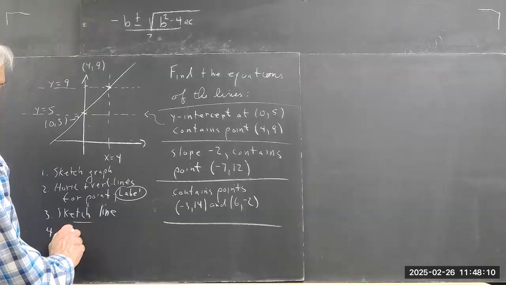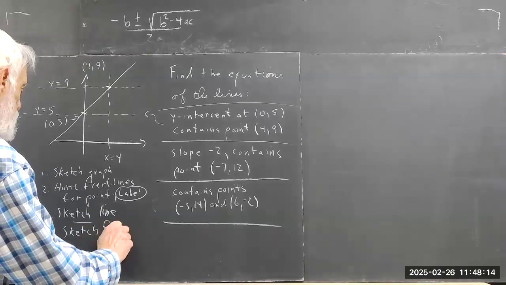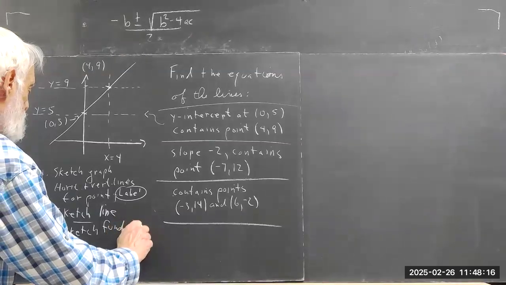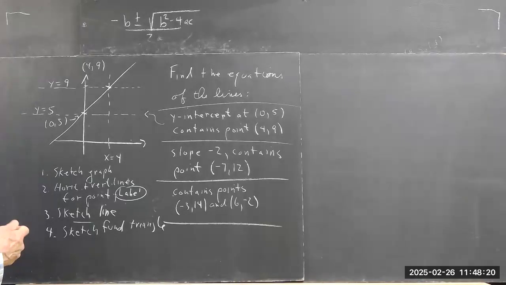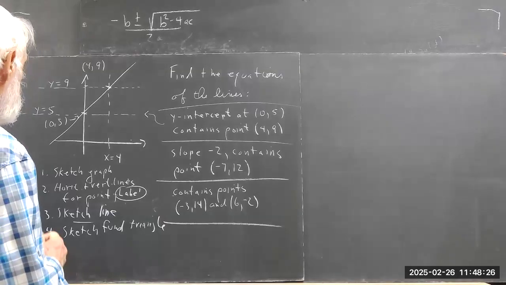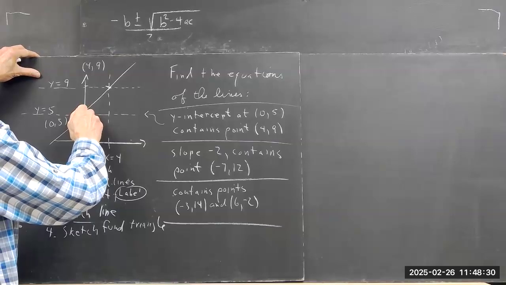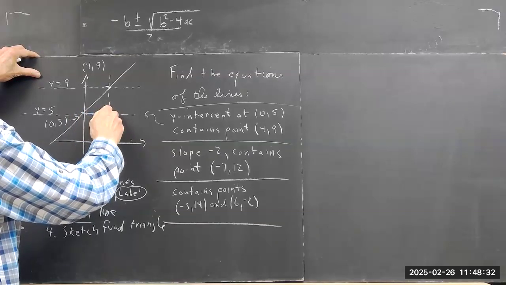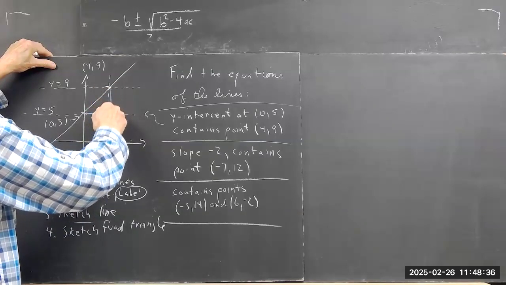Then sketch the fundamental triangle. So you go from this point, right? And then you're going to have to go either up or down.